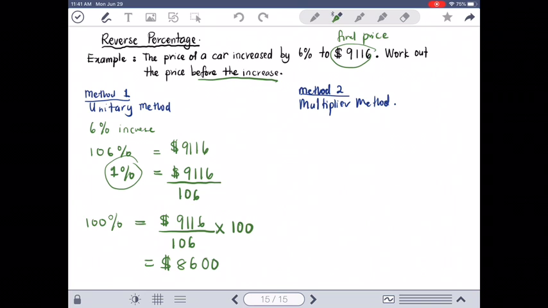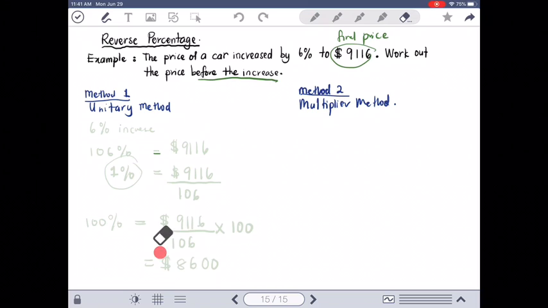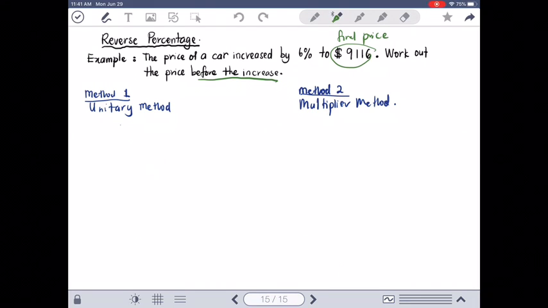Okay, I think I will repeat this again. We have 6% increase. So which means that 106% is corresponding to $9,116. 1% will correspond to 9,116 divided by 106.